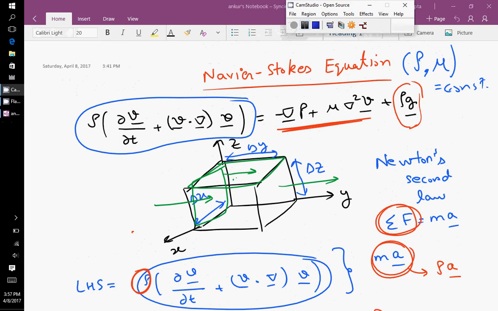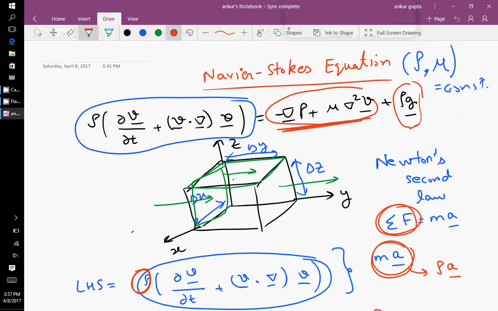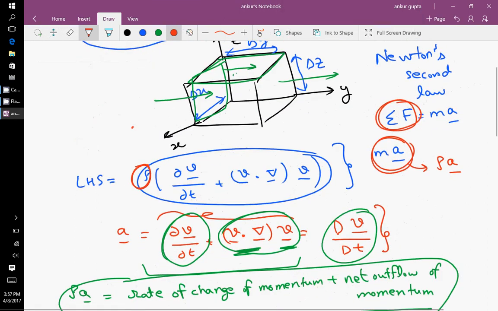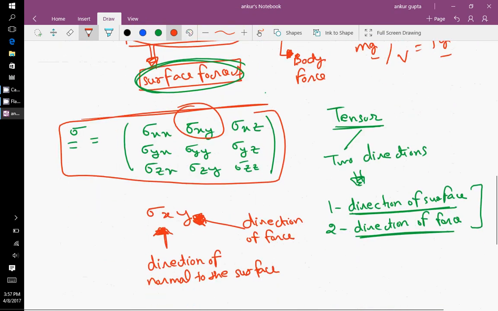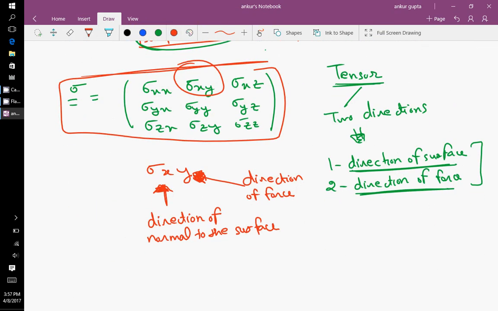So for the surface contribution of the force, we basically have this minus grad p plus mu del square v vector term. To find this value, we will go back to our sigma tensor and start discussing the force in each direction.